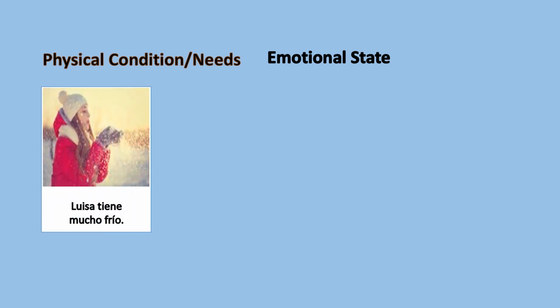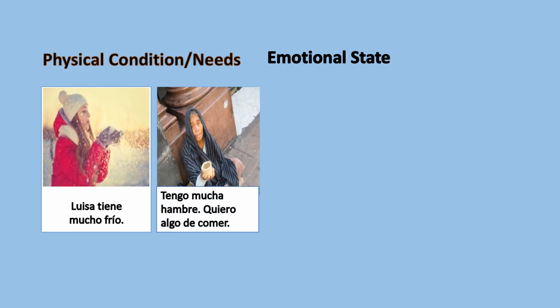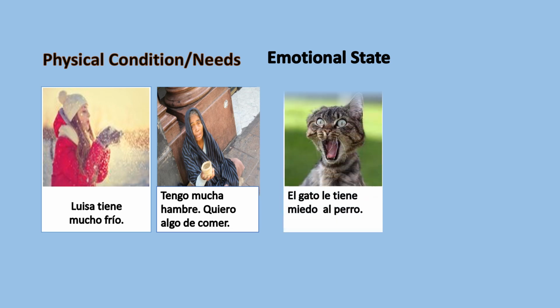So remember the acronym P. The P stands for physical needs. Now let's look at some examples of this. Luisa tiene mucho frío. Tengo mucha hambre. Quiero algo de comer. Emotional state.